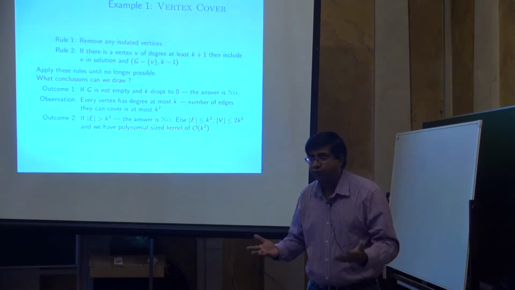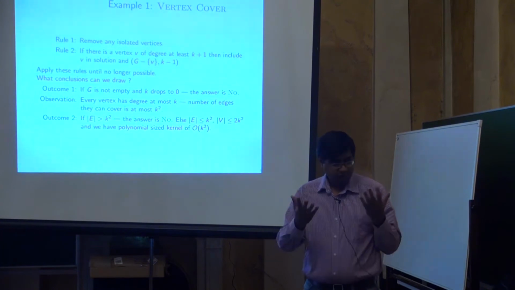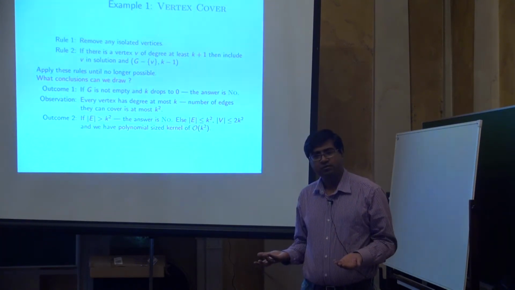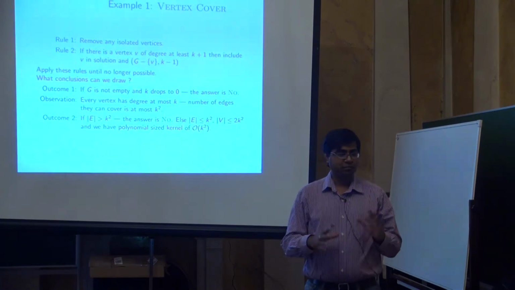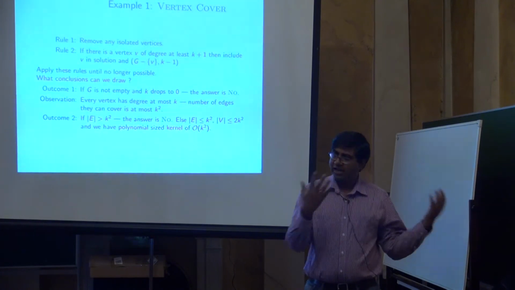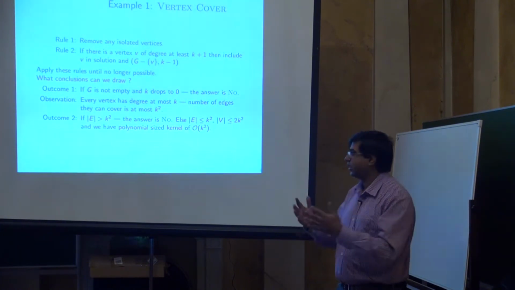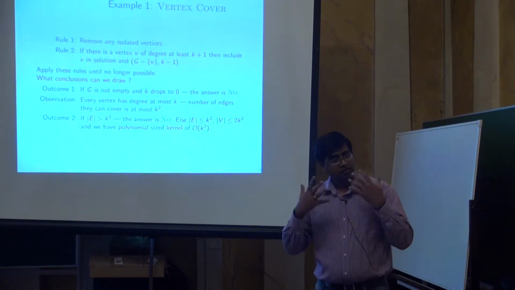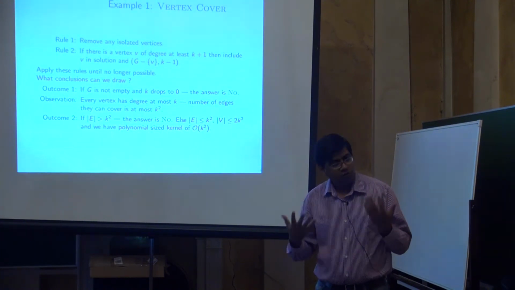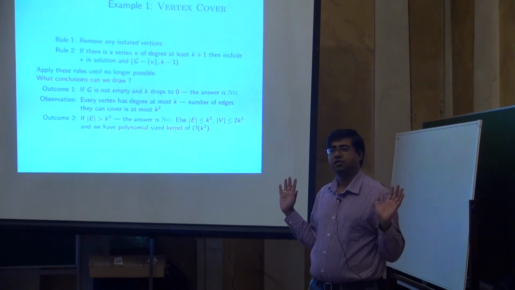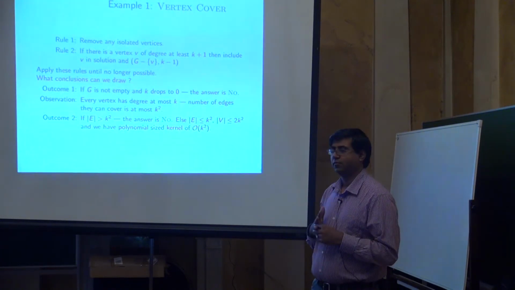Now, any brute force algorithm on this equivalent small instance is a fixed parameter tractable algorithm. Any algorithm you can think of for any problem, 2 power any input size, if the input size itself is a function of the parameter, then this bad algorithm is also a fixed parameter tractable algorithm, right? So that is a key point here.